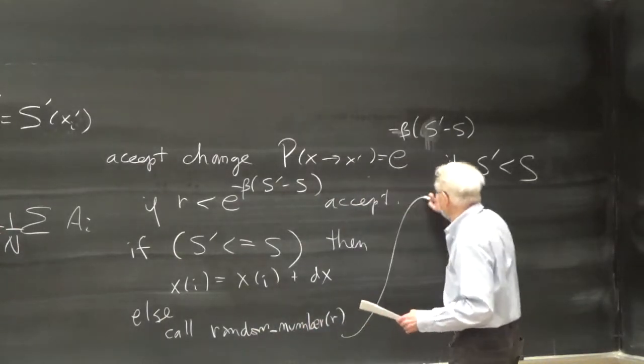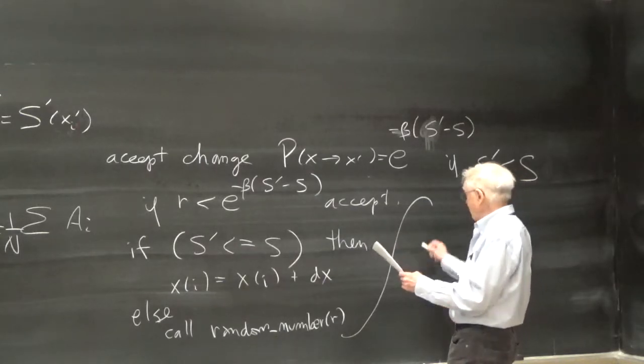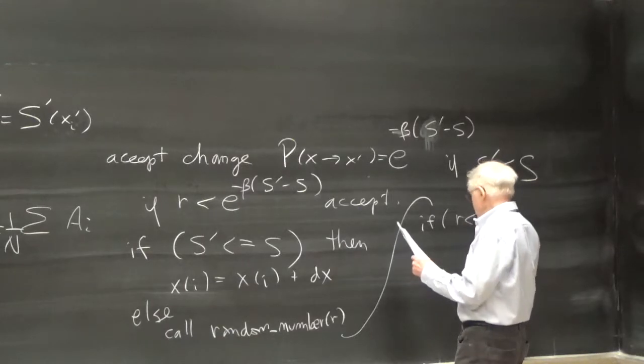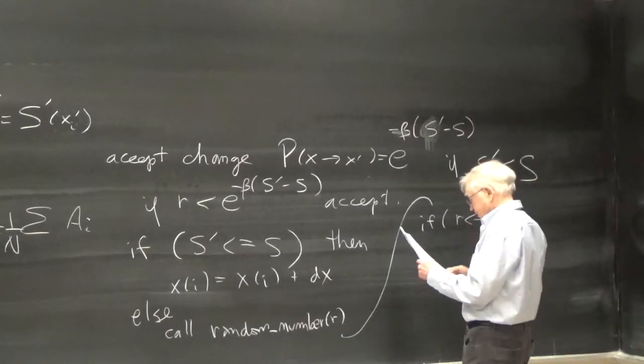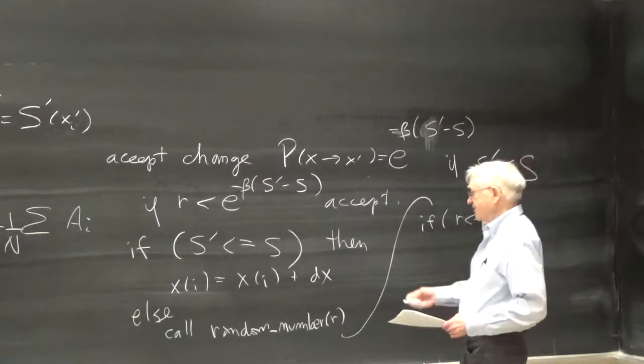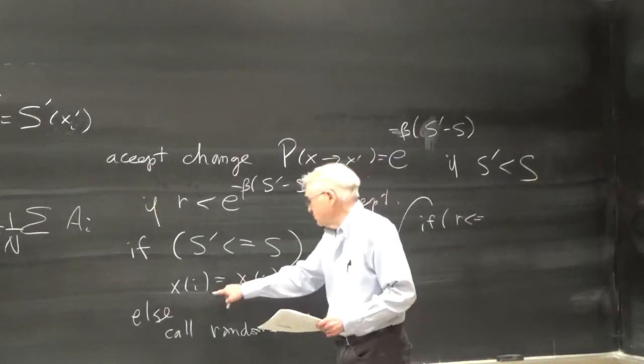So the rest of the statement is you call a random number, and then you say if S prime less than S, then you do this.